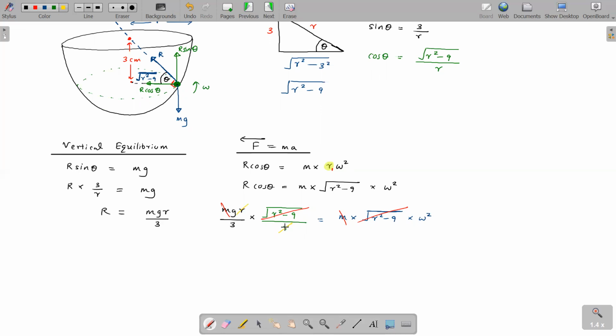So I get g over 3 equals omega square, which means omega is root g over 3 radians per second. So this is the answer. I hope all of you understood this properly.